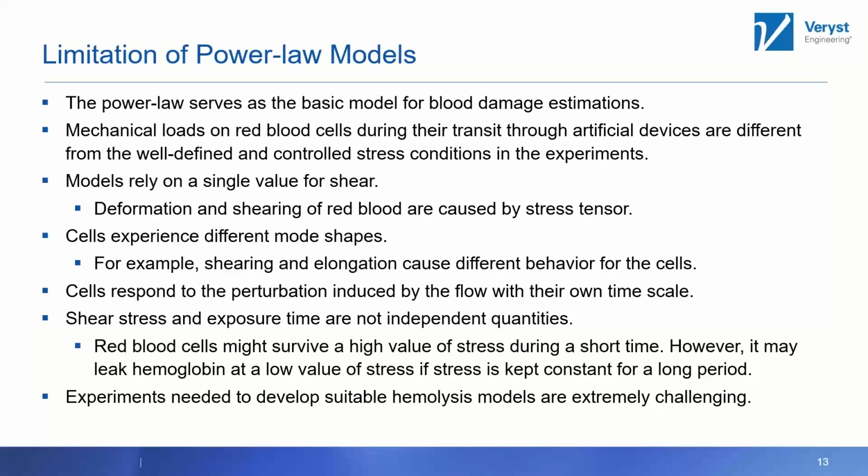But if you apply low stress for a long time, that red blood cell may start to leak. Given all these limitations, developing an experiment that can capture all these requirements is extremely challenging, and that's the difficulty we face when we try to model blood damage.